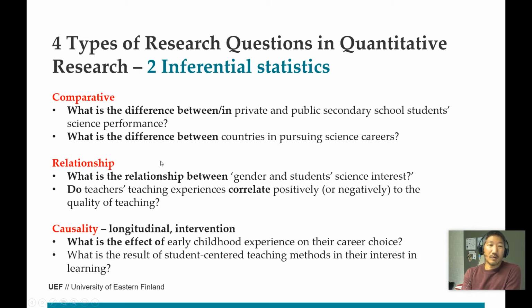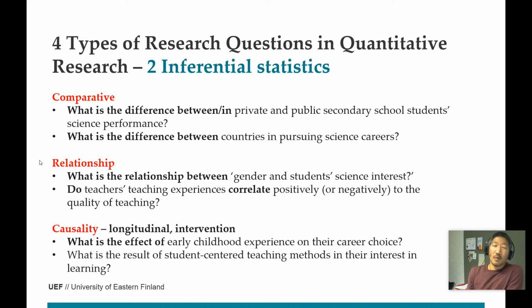And the third type of research question is about the relationship. The example is, what is the relationship between gender and student science interest? Usually there are some gender differences in student interest in science, especially physics, and also engineering and technology.